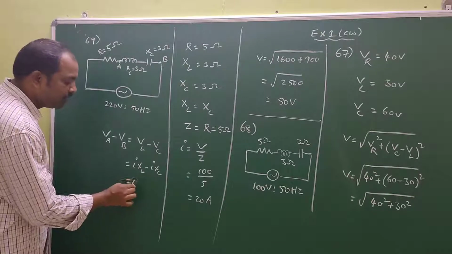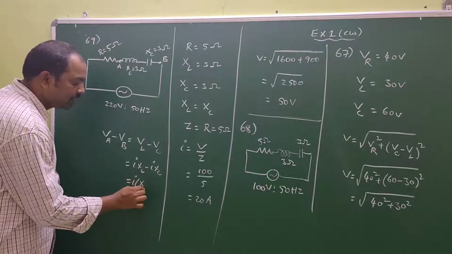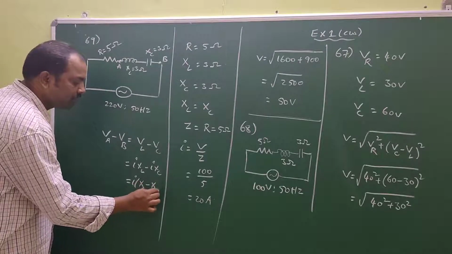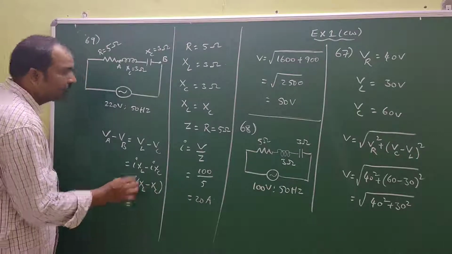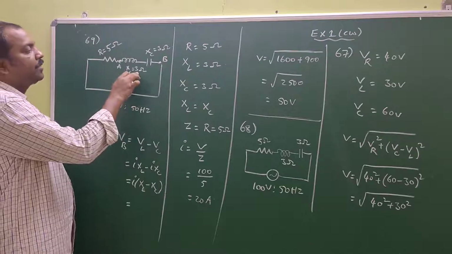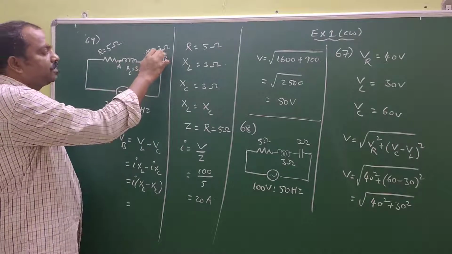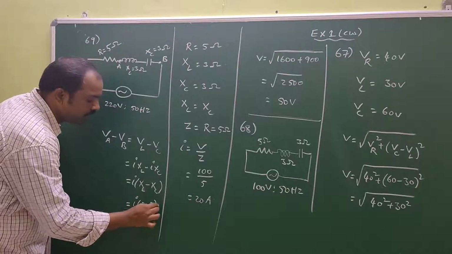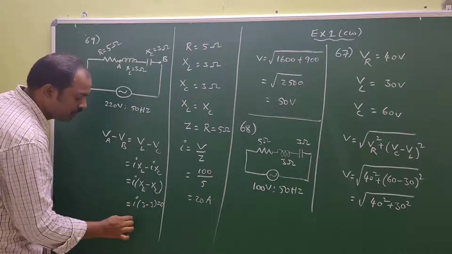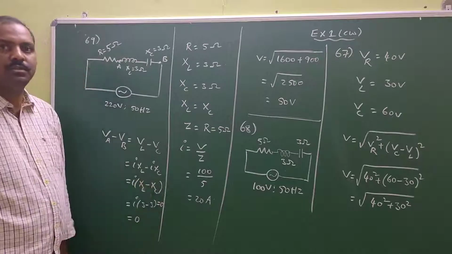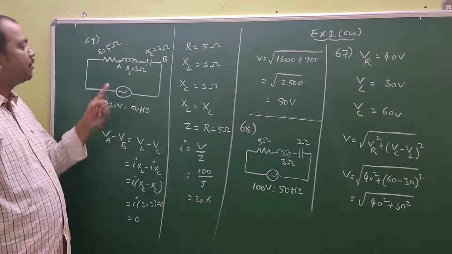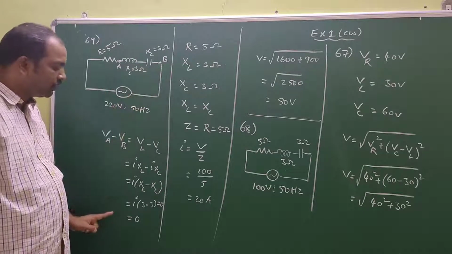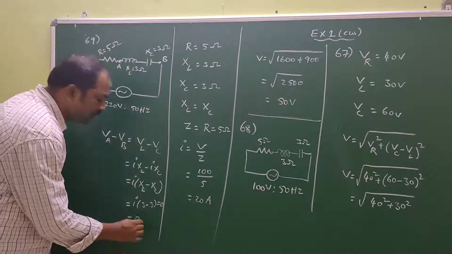As both are in series, I is the same. So now this is I into (XL minus XC). Now you see, from this diagram, inductive reactance is 3 ohm, capacitive reactance is also 3 ohm. So 3 minus 3 is 0. Therefore, the potential difference between A and B is equal to 0 volt.